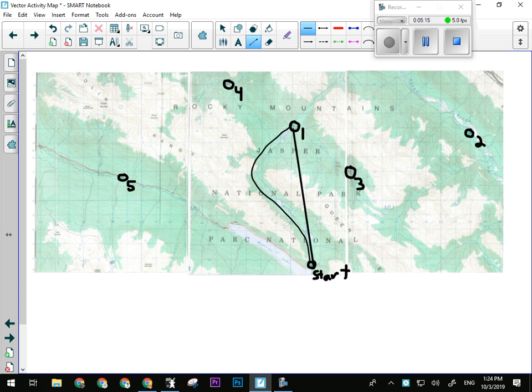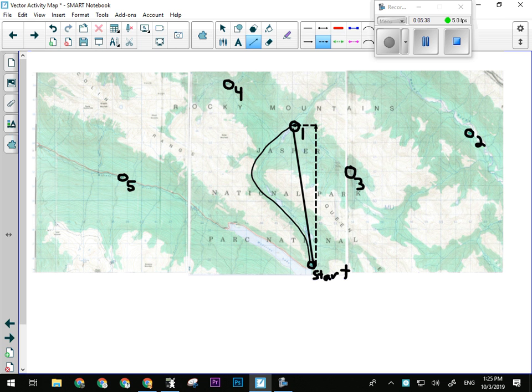A straight line from start to finish, which would then also have a y component and an x component, which I could then use to calculate the angle at which I travel, or the direction, because displacement is, after all, a vector quantity, and that's something I would need to know.